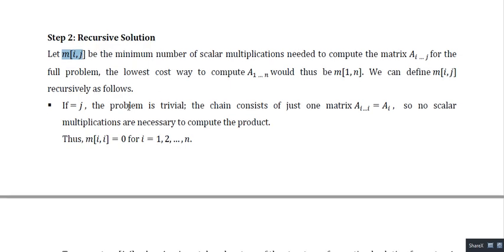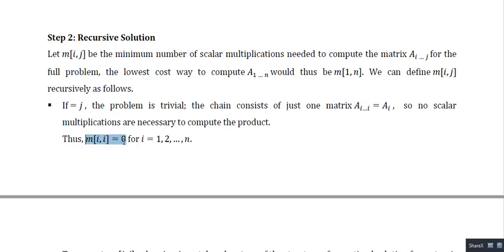If i equals j, then the problem is trivial, the fundamental case. The sequence Ai to Ai is equal to Ai, so no multiplication is required because that is the result itself. If there is only one matrix, no scalar multiplication is needed, so m[i][i] equals 0.